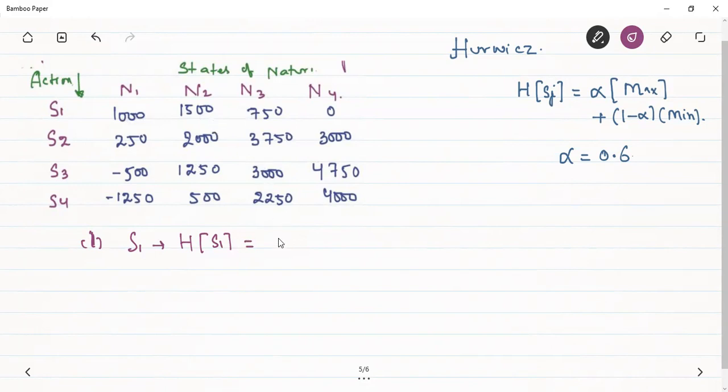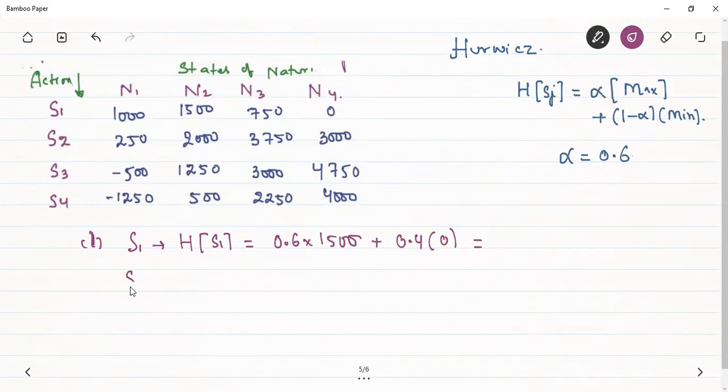Alpha will be multiplied with 1500, that is 0.6 into 1500, plus 1 minus alpha, which will be 0.4, multiplied with the minimum value that is equal to 0.